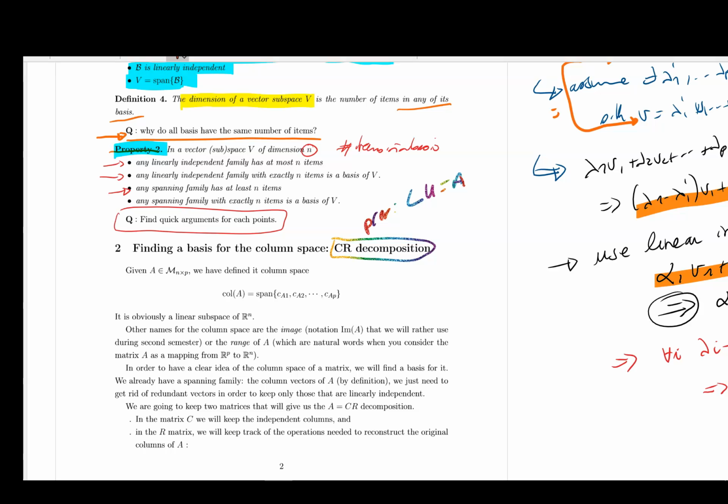Okay, so that's all linked to the column space, because what's the idea? You've got your matrix A that has, well, I'm going to use n rows and p columns. Now we're going to consider our matrices as mappings, so they will act on some vectors.